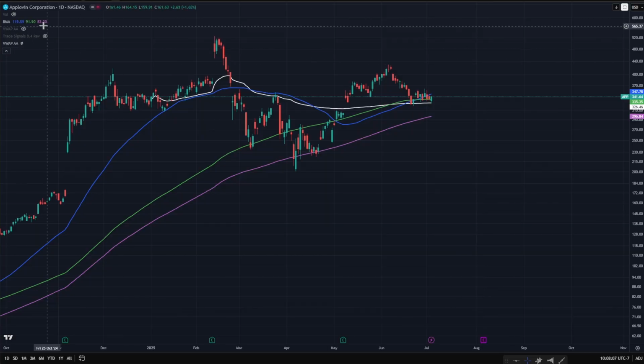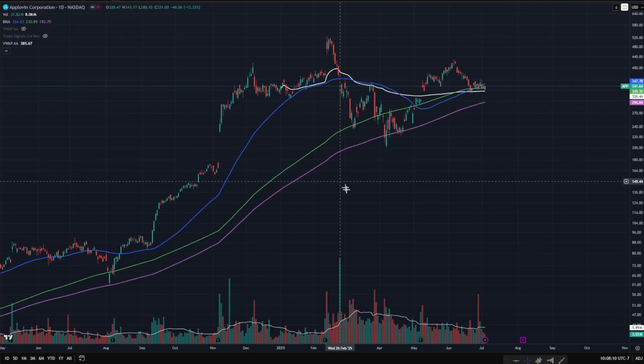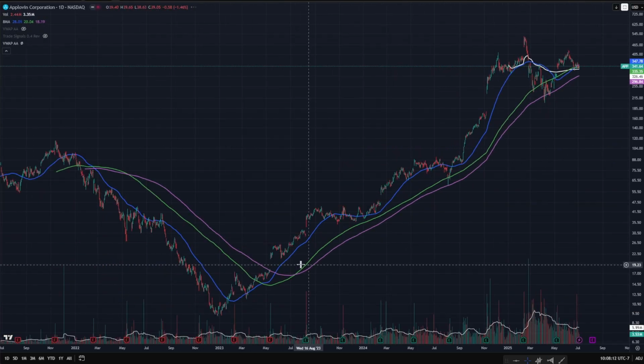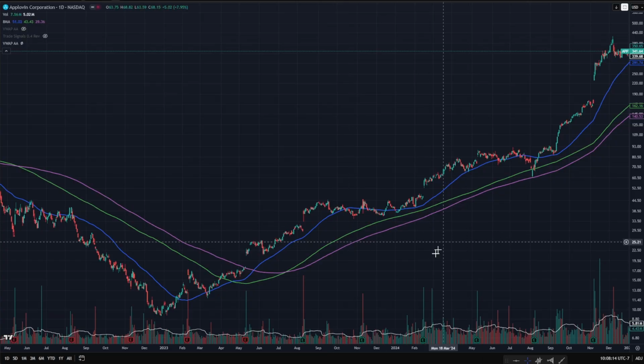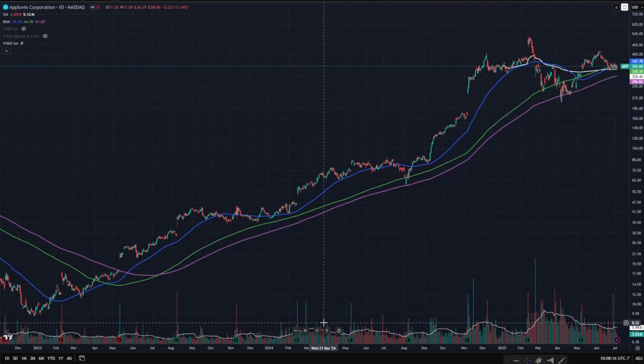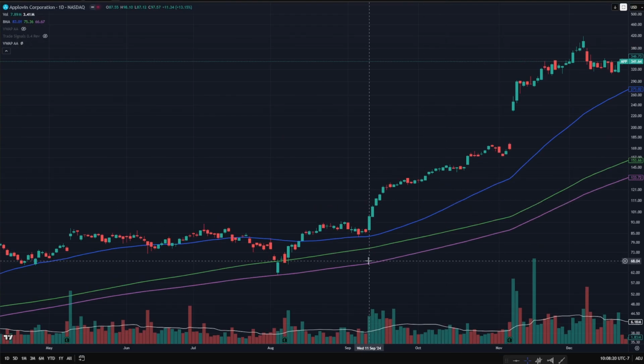And I saw a lot of institutional involvement. When you look at volume, as the move was going up, volume was increasing on each up move, especially here. I don't know exactly what happened here, but that's huge volume, with stacked green candles in a row. If you don't know, that is institutions buying, right?